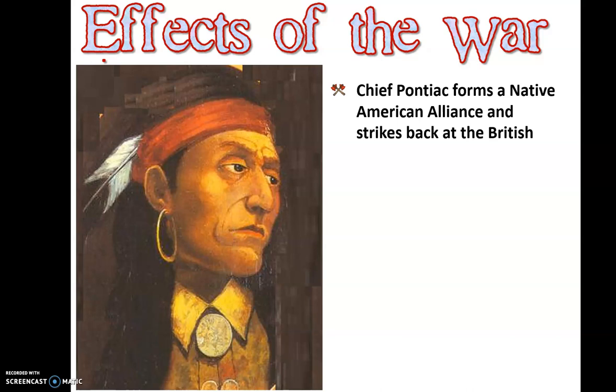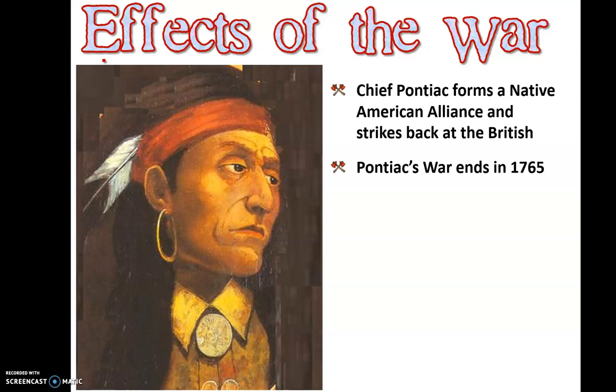So Chief Pontiac forms a Native American alliance with several other Native American tribes, the Miami, the Shawnee, the Iroquois, and several others, and they start to push back against the British. Of course, they couldn't really step up to the British in the way that they would like to, considering the resources that the British had.